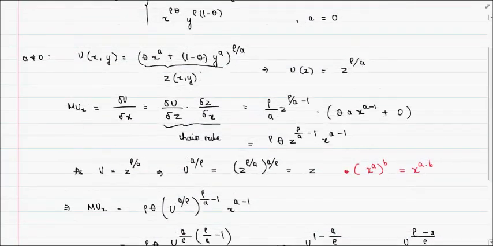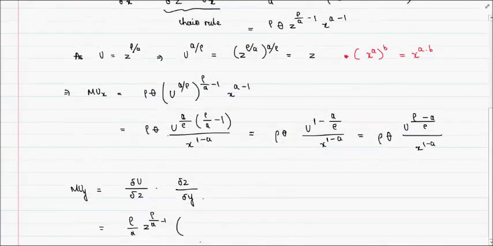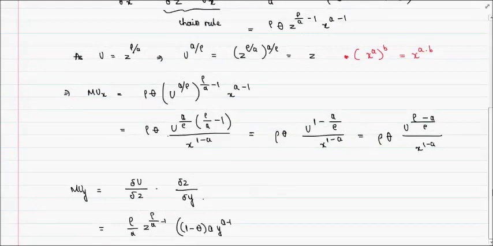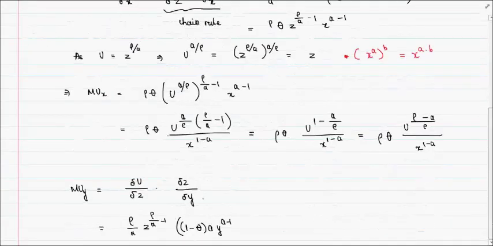So if I differentiate z with respect to y, then I'm treating x as constant, so the whole thing in front over here is going to be 0, and what I'm left with is 1 minus theta times a y to the power a minus 1. Is that right? Okay, that's right.